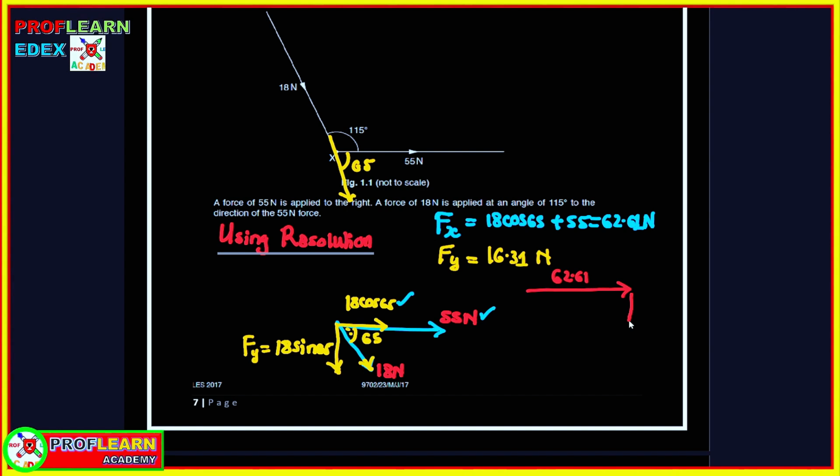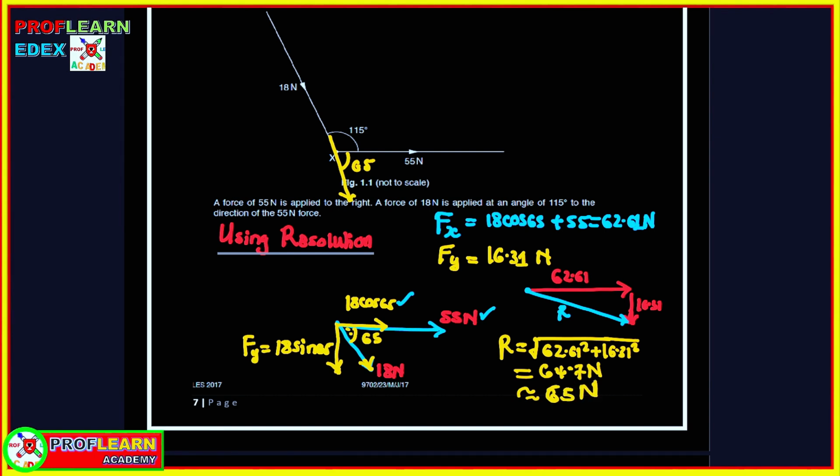I've shifted that vector so that the tail of the second vector is at the tip of the first vector, which is 62.61, so that I can now use Pythagoras theorem in order to work out the resultant vector at this point. So we can work this out, and applying that, we get our answer, approximately 65, which was 64.7, which is approximately 65.